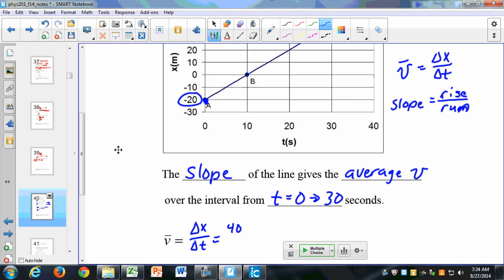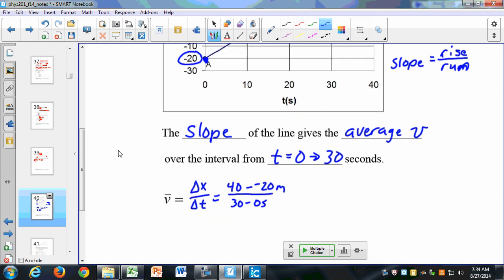This is going to be 60, right? So it's 40, my final position, minus negative 20, which gives me a total of 60, as Courtney said. And then the time is 30 minus 0. That gives us our slope, 60 over 30, which is 2 meters per second.